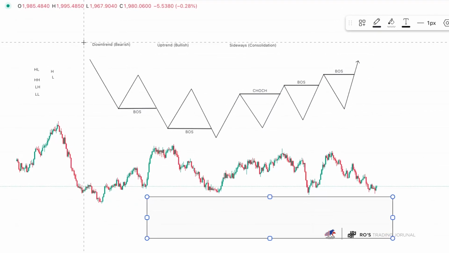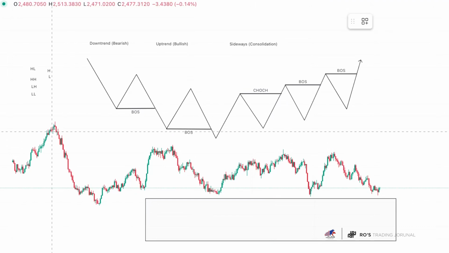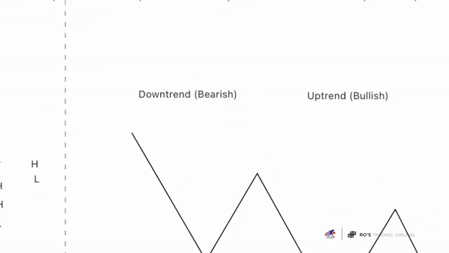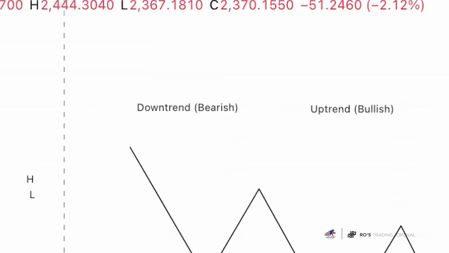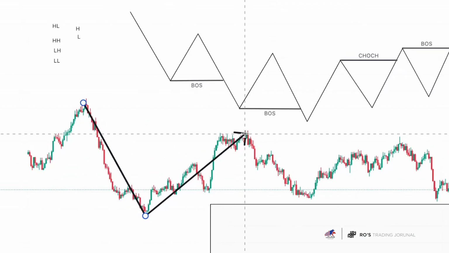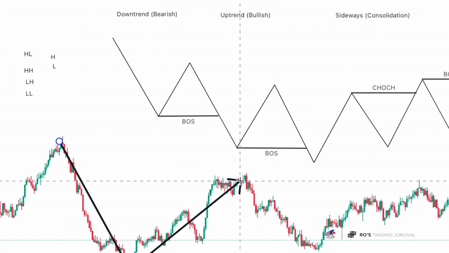Now, the market moves in three directions. The market is either in a downtrend. Whenever I hear someone say the market is bearish, it means that the market is in a downtrend. Then you have an uptrend. Whenever I hear somebody say the market is bullish, it means that the market is in an uptrend.